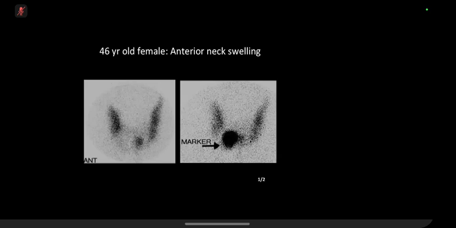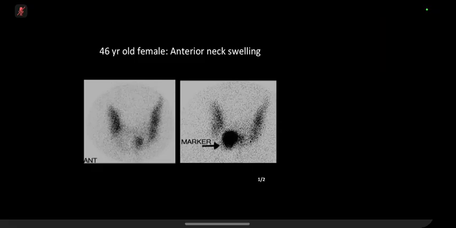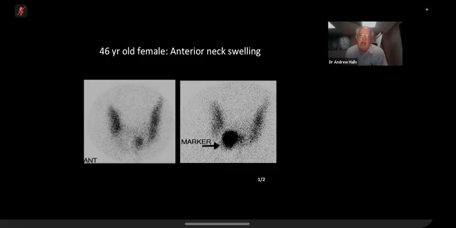Now, I would like to ask somebody about this. This is a 46-year-old female with an anterior neck swelling. What can you tell from this scan about this patient's neck swelling?